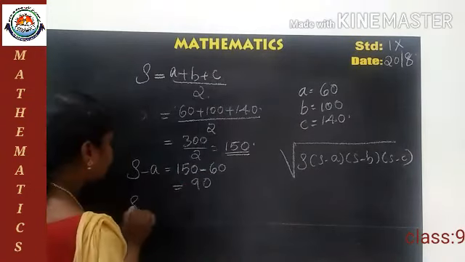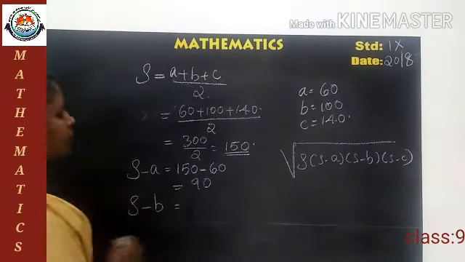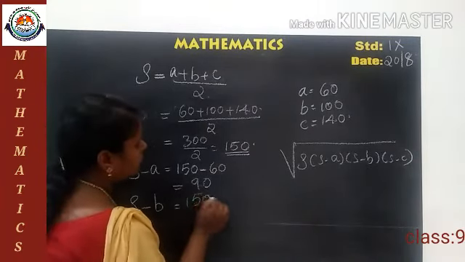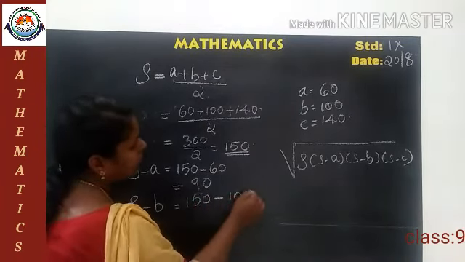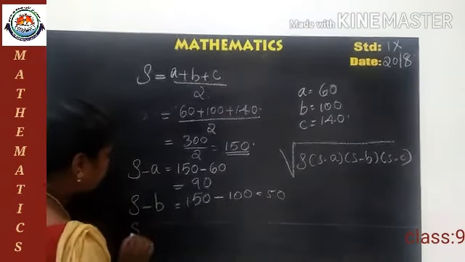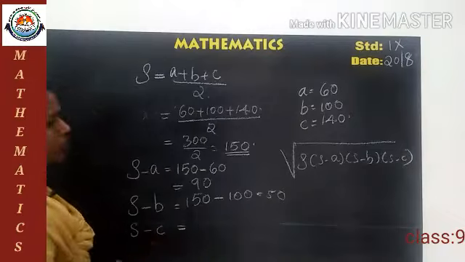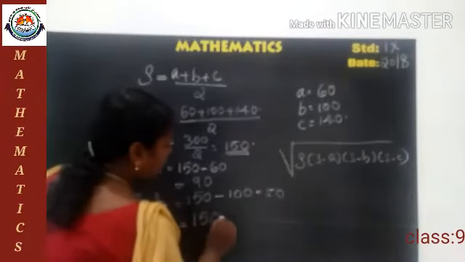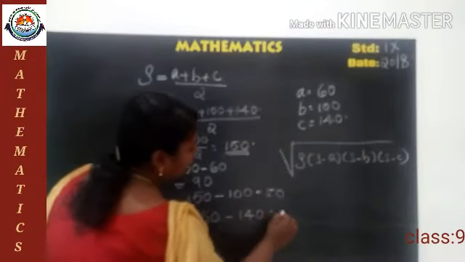Then s minus b is 150 minus 100, which is equal to 50. Then s minus c is equal to 150 minus 140, which is 10.